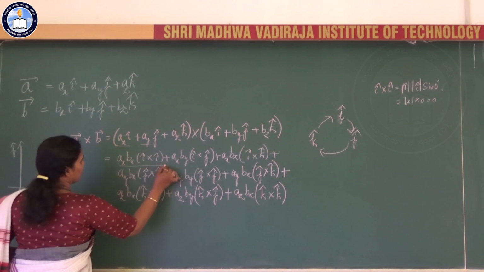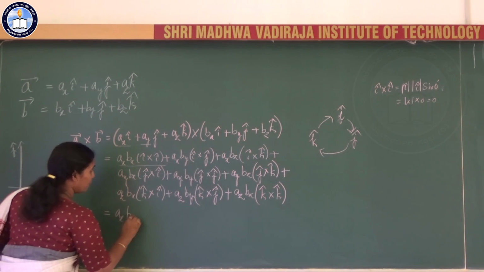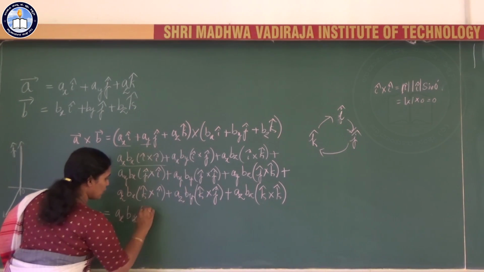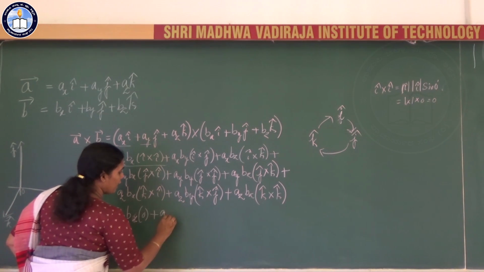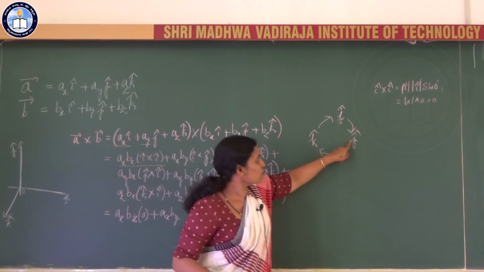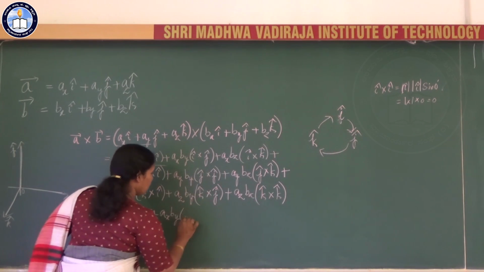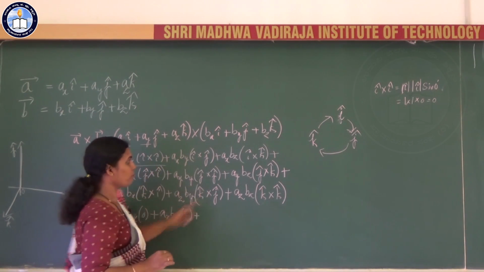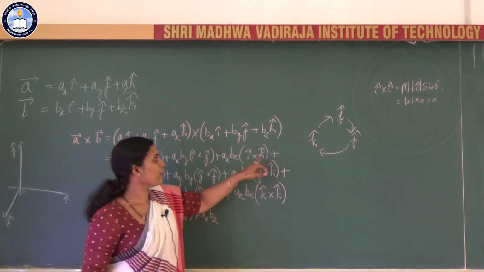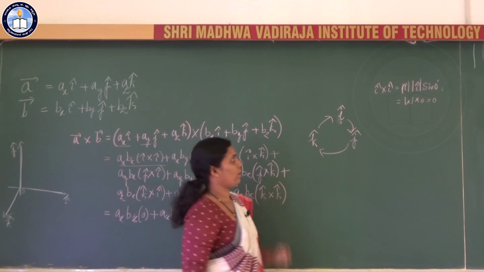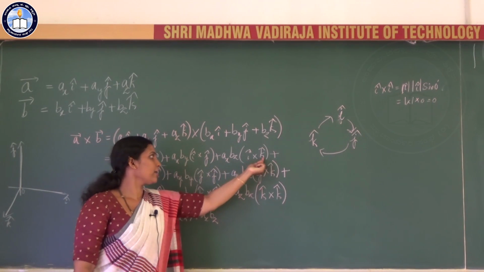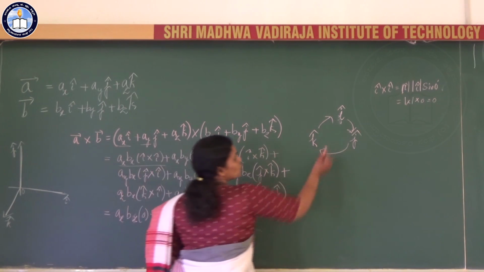First term: Ax bx, i cross i, you know it is 0, plus Ax by, i cross j, which is k cap, plus Ax bz, i cross k.